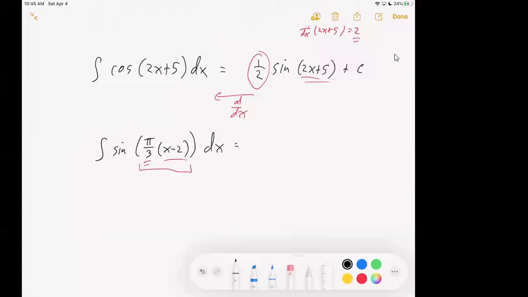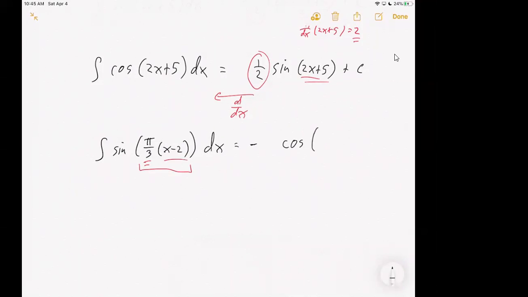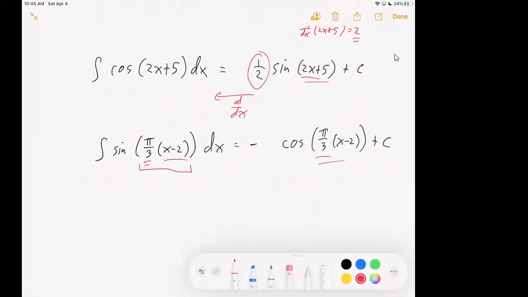Okay, so the antiderivative must be a negative. Leave a little space for the correction factor. Cosine of the same argument back again. I know that the derivative of the argument is just pi over 3. So now that's a fraction.